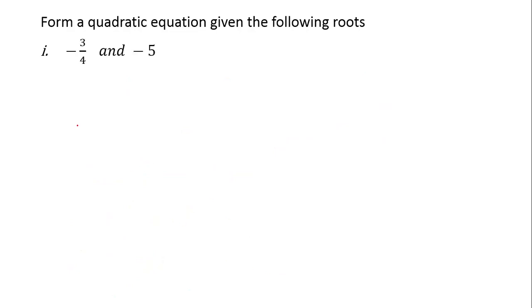Another one, we have -3/4 and 5. So still we are going to find the sum of roots. This will be equal to -3/4 minus 5. So the 5 we put over 1.